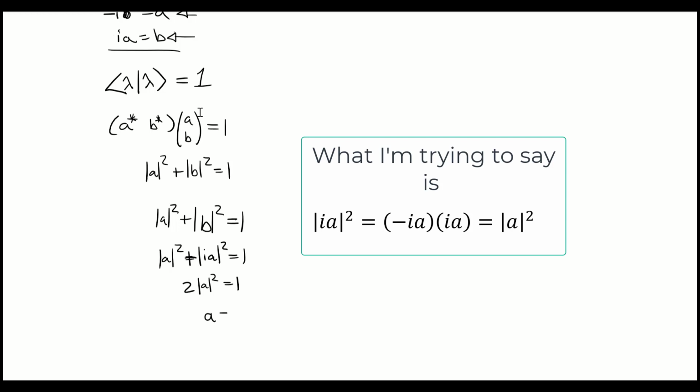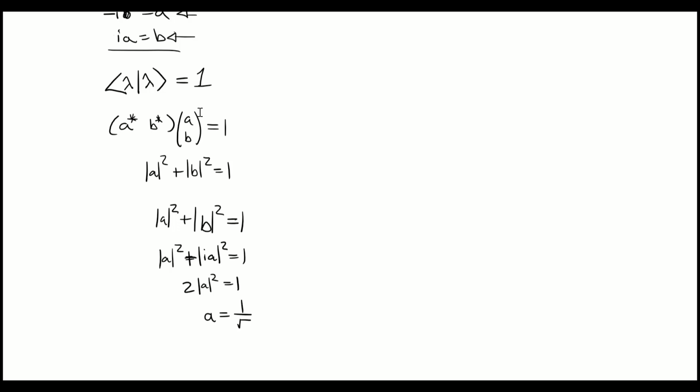So this tells us a is equal to 1 over root 2, right? Which would imply b is equal to i a, so it would be i over root 2.